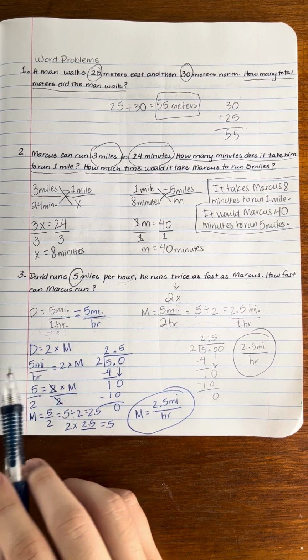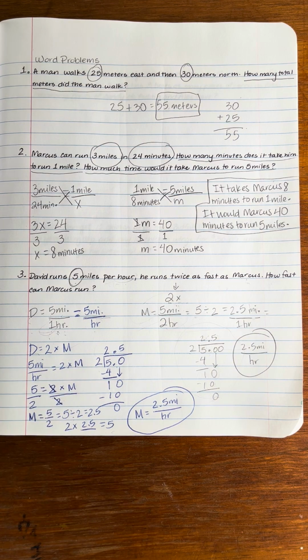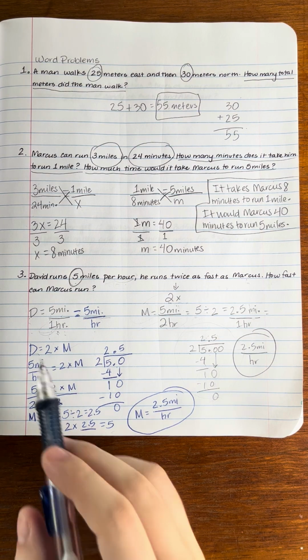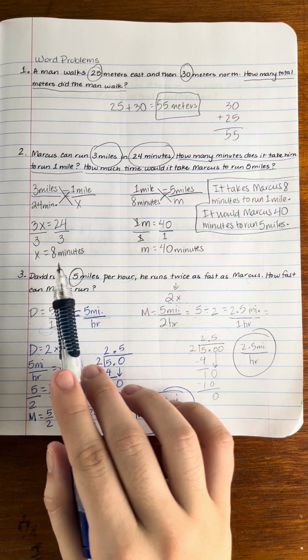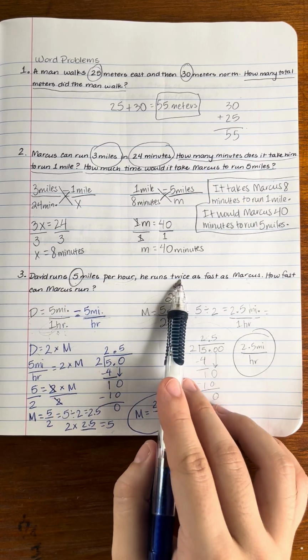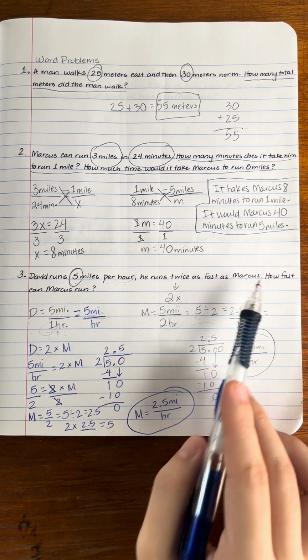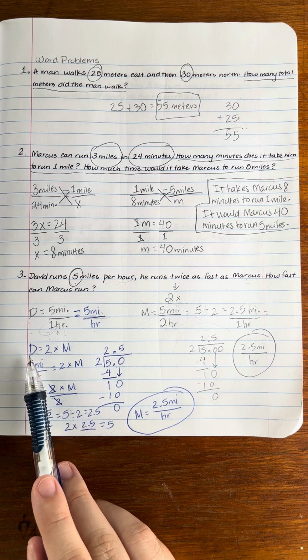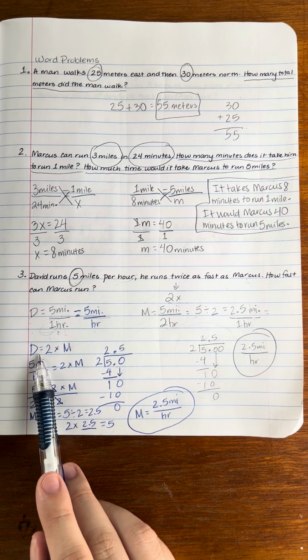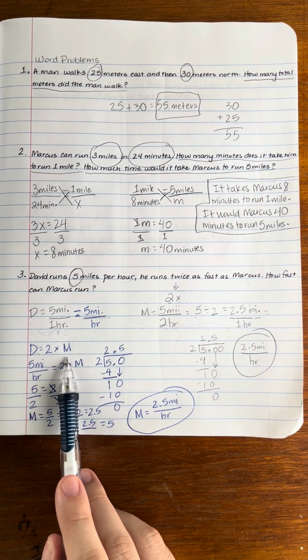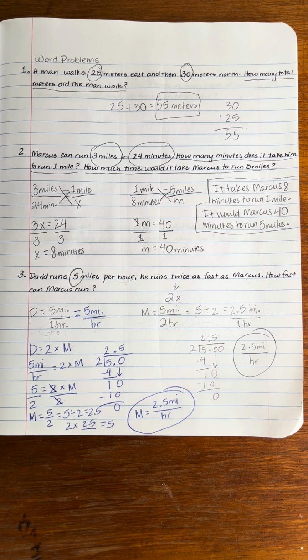This is a translation, if your language was math, from David runs twice as fast as Marcus, okay? In math terms, that is D, David, equals 2 times M, or Marcus, okay?